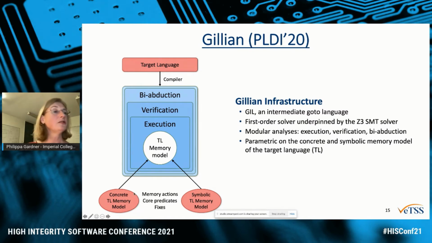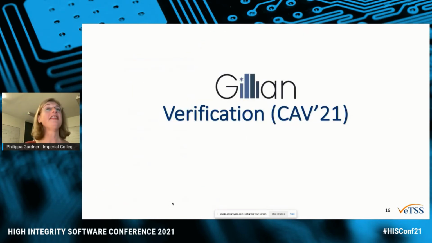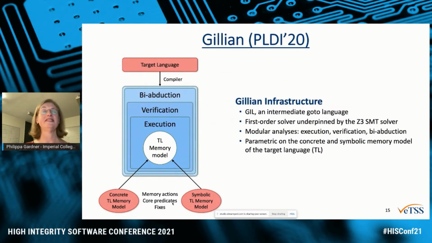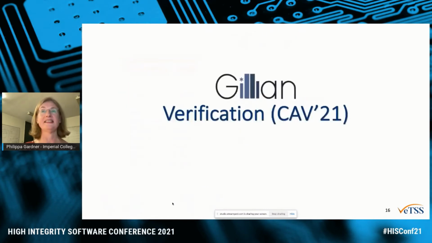We've got two models, a concrete model for testing, a symbolic model for analysis, and correctness results between them. As I said, I will focus on verification, in particular, starting off with basic memory actions and building up core predicates, as I'll explain to you now. And this is work published this year. Previously, it was published in PLDI, the first lot that I've just explained, now CAV.